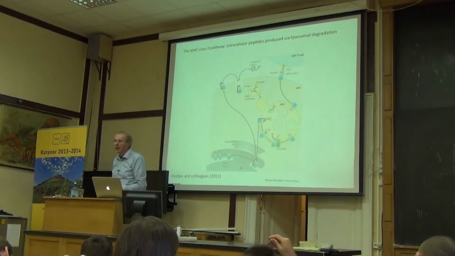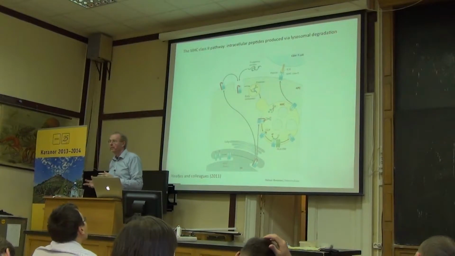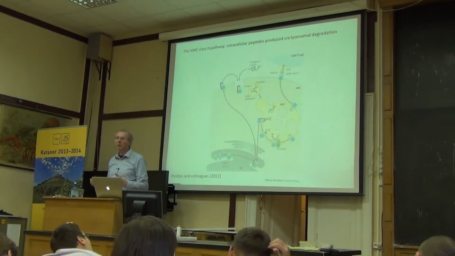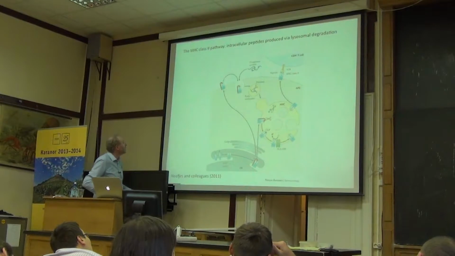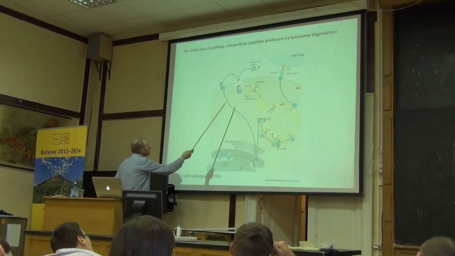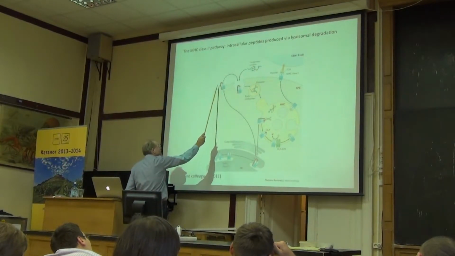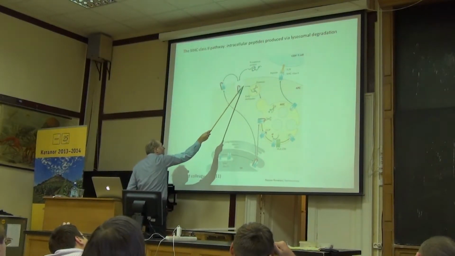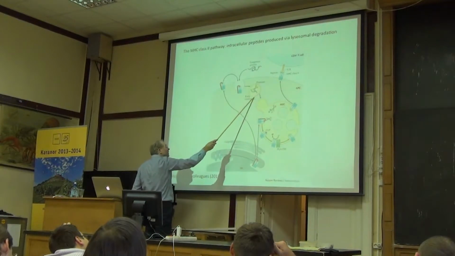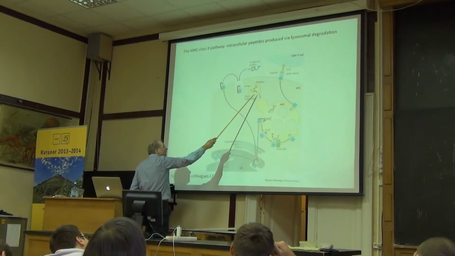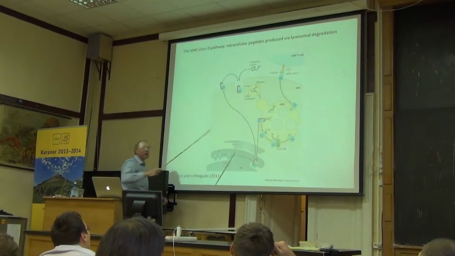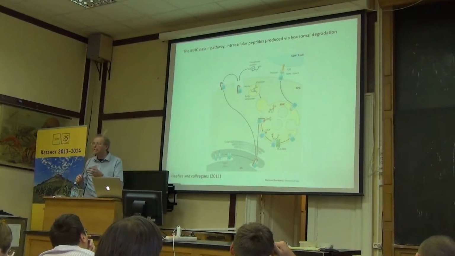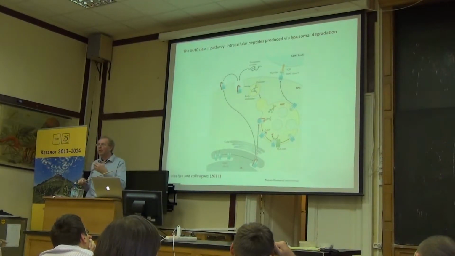There's a second pathway which degrades proteins. This is the so-called lysosomal pathway that you all know about. So it is about taking up proteins, either cell surface proteins or exogenous proteins, encapsulating them in vesicles, so-called endosomes. These endosomes then fuse with other specialized organelles in the cell to create an environment that is conducive to protein degradation, and the same thing happens.